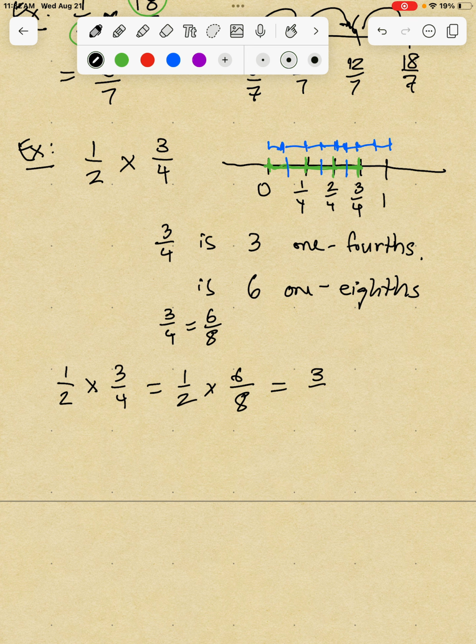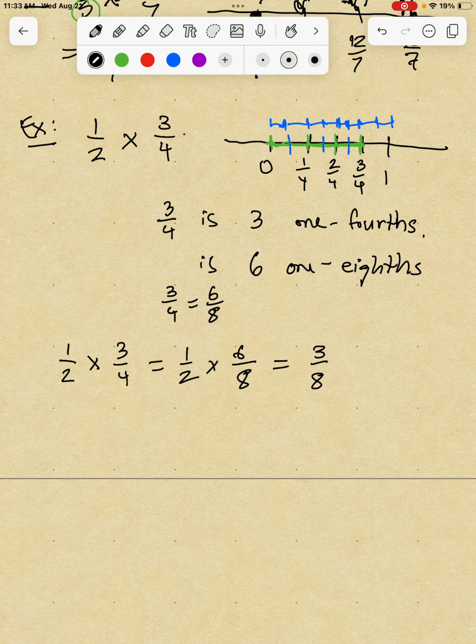I get 3/8. Because I'm taking 6 1/8 and splitting it into 2 pieces, and so each piece will have length 3/8. And so we've just discovered that 1/2 times 3/4 is the same as 3/8. Okay, so the answer is 3/8.